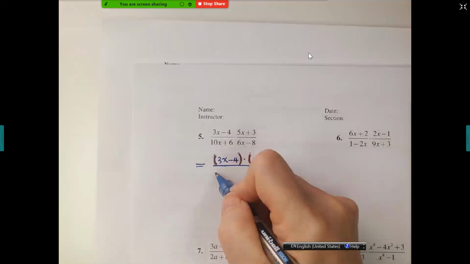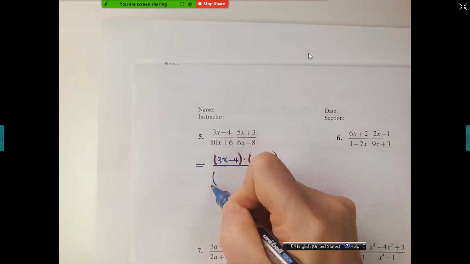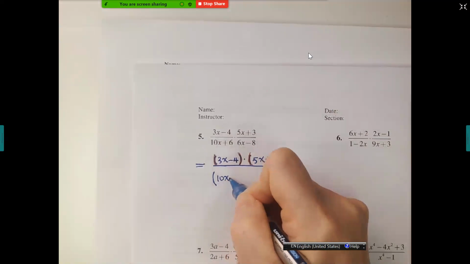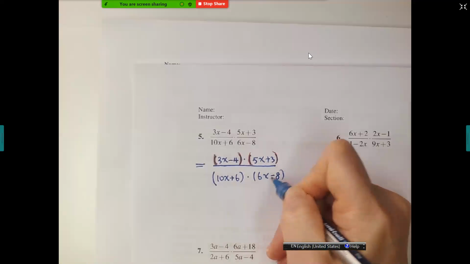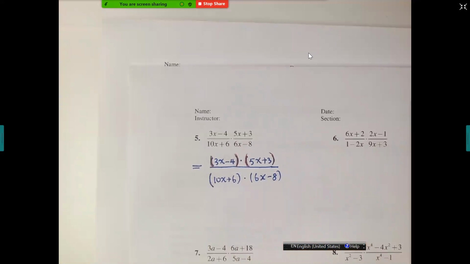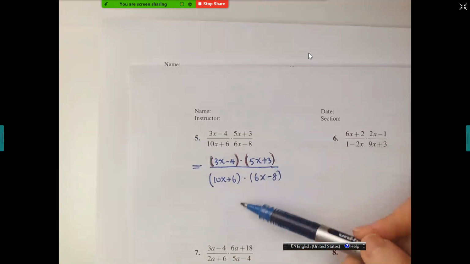And then work on the bottom. The first denominator, 10x plus 6, times 6x minus 8. Okay, so we have done the multiplication, but we haven't finished it yet because we have to simplify this new rational expression.